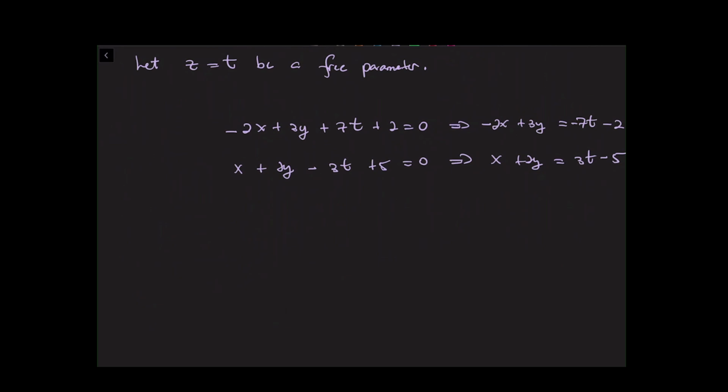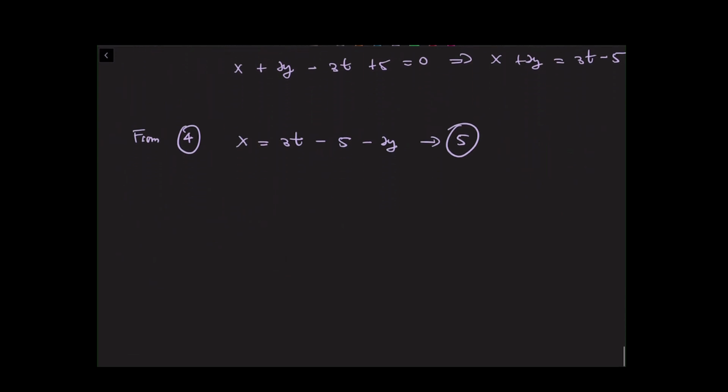From 4, I would have that x is equal to 3t minus 5 minus 2y. So that's equation number 5. Now I'm going to take 5 and put it inside equation number 3.